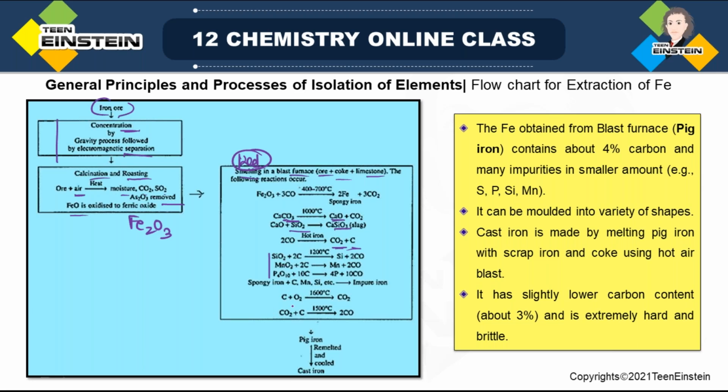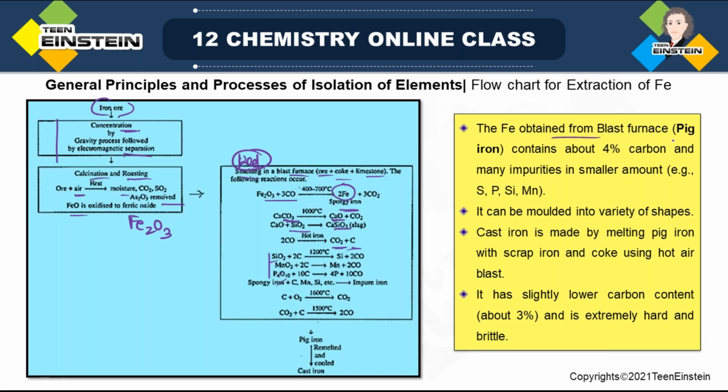These reactions are not shown in the previous slide, and they are not very important. Just remember these are the undesired part. Finally the iron that we are getting is basically this spongy iron. So this is the main reduction step.